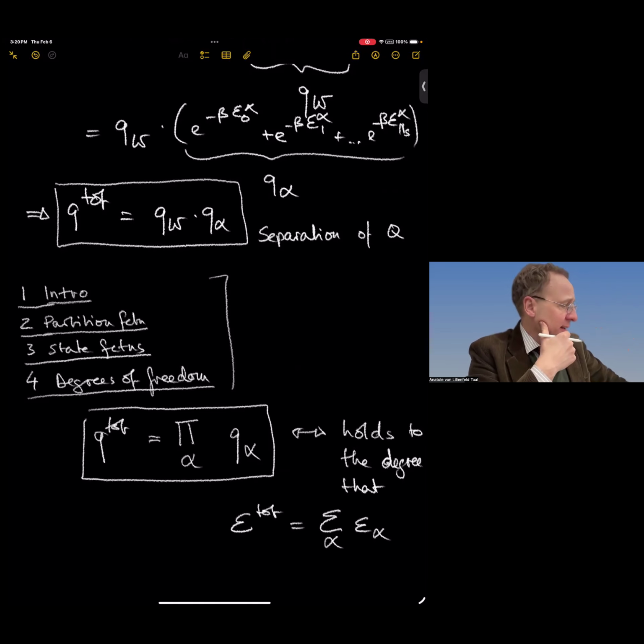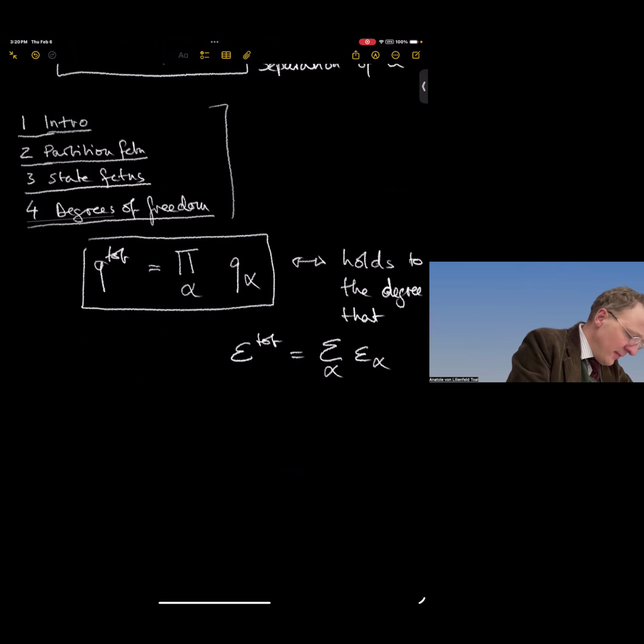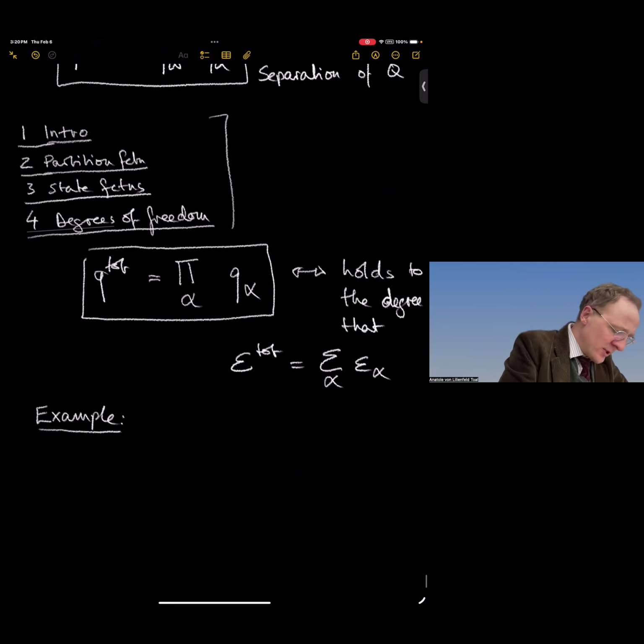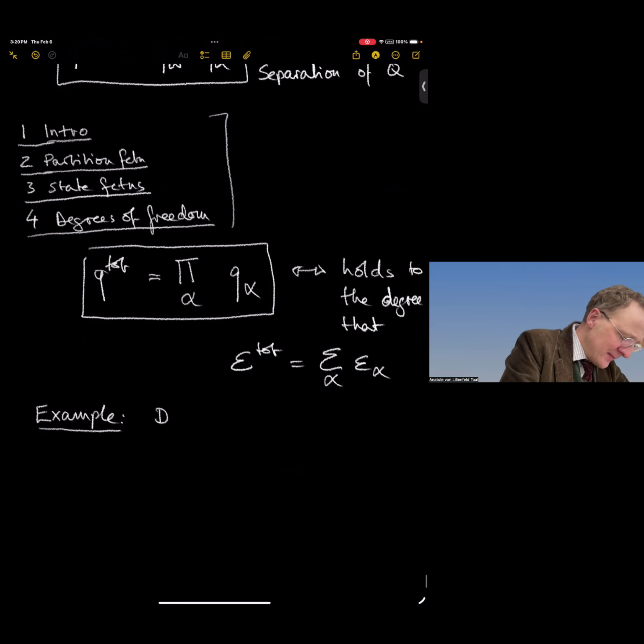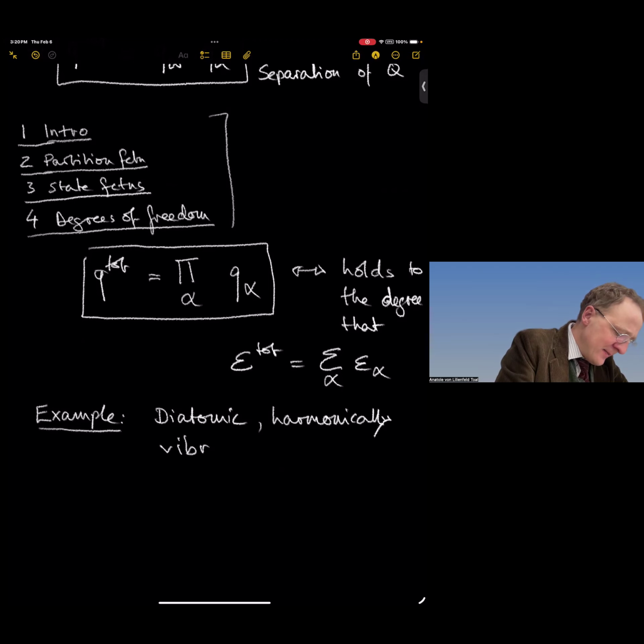So this step is known as the separation of the partition function, and we can immediately exemplify this for what's known as the diatomic harmonically vibrating rigid rotor.